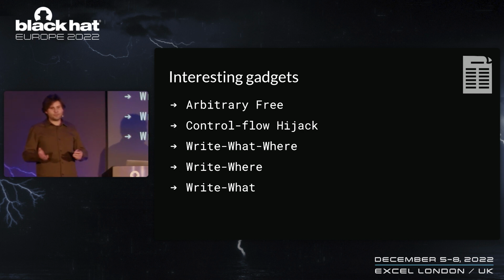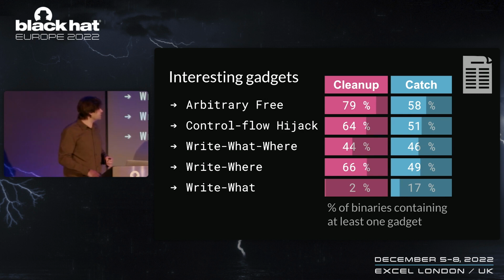We extracted all catch and cleanup handlers from these binaries, and we searched for these specific gadgets. What we found out is that almost 80% of these binaries have at least one controllable free function that you can use to groom the heap with.